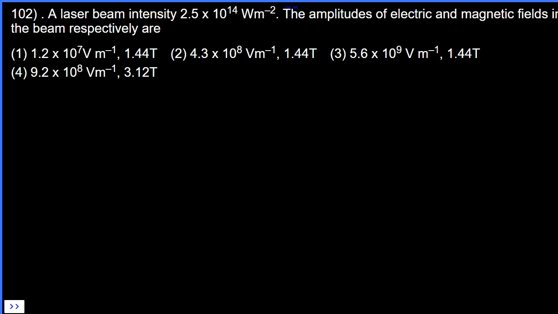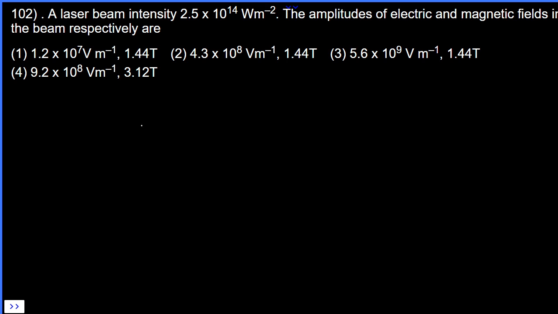Next problem number 102. A laser beam of intensity 2.5 into 10 power 14 watt per meter square. The amplitudes of electric and magnetic fields in the beam respectively are. We want to calculate the values of electric and magnetic field.